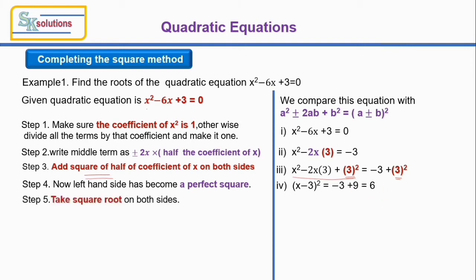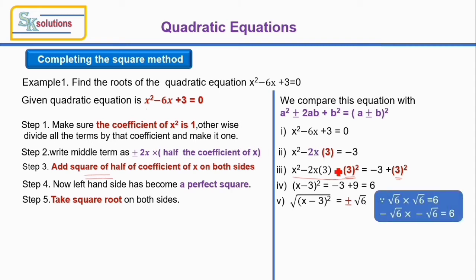And in the fifth step, we take the square root on both sides. On taking the square root on both sides, you get square root of (x minus 3) the whole squared is equal to plus minus root 6. What is this plus minus? Let's see. If you multiply root 6 with root 6, we will get 6. If we multiply minus root 6 with minus root 6, then also we will get 6.